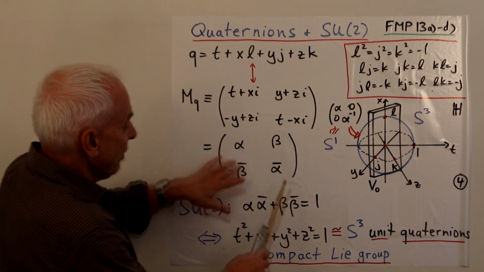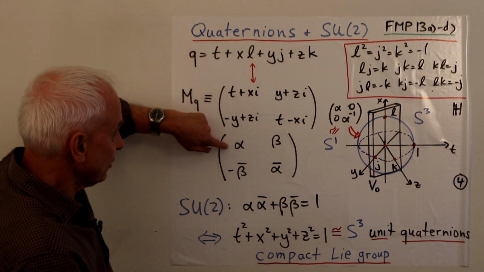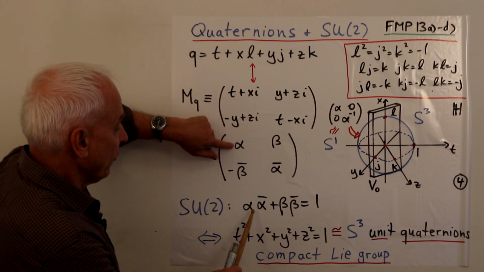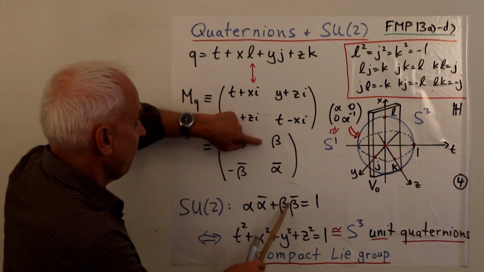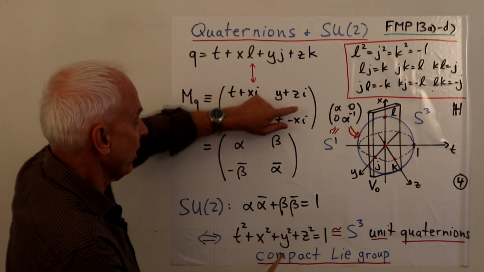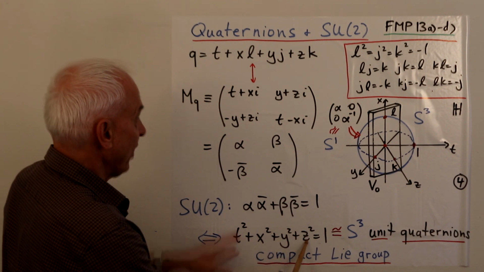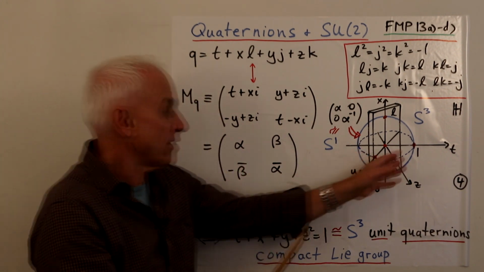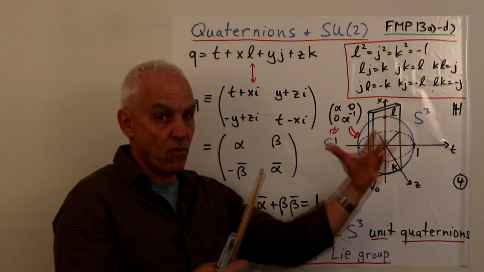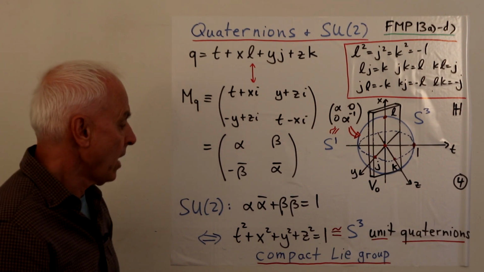When we rewrite that condition in terms of t, x, y, and z, which you can easily do because this is the modulus squared of alpha, the modulus squared of alpha is t squared plus x squared, and the modulus squared of beta is y squared plus z squared. So this condition is t squared plus x squared plus y squared plus z squared equals 1. That really is the unit sphere in this 4-dimensional space. So it's the 3-dimensional sphere S3.